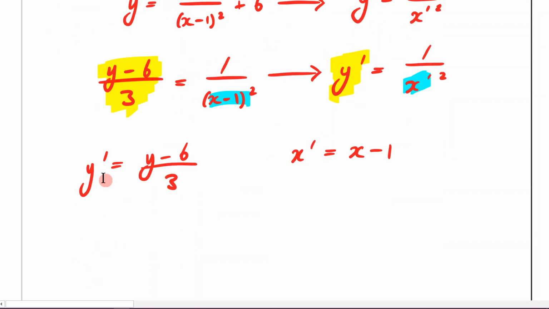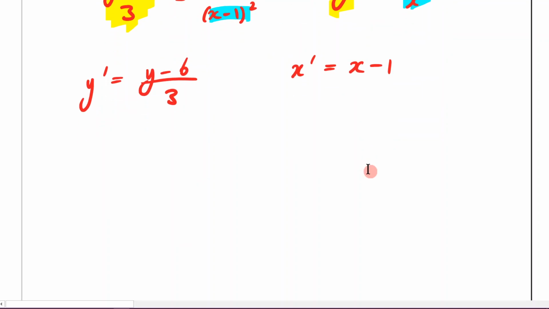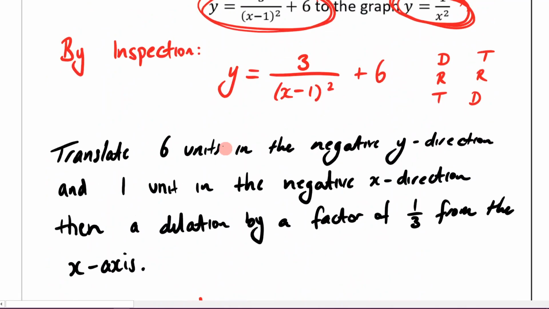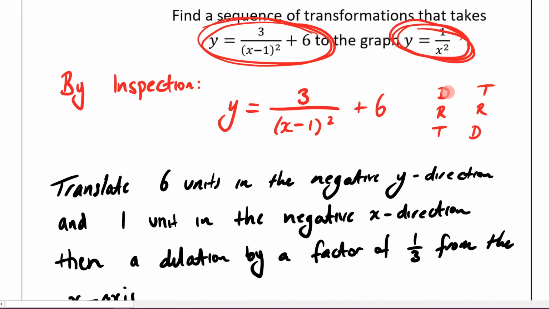Normally, in previous questions, we've had to rearrange. But now, because we are going in the opposite direction, y dash is this and x dash is that. We're done. But now, this is where we're going to have a bit of a discussion as to the order of our transformations, and hopefully it will clear up why we did it this way as opposed to that way.